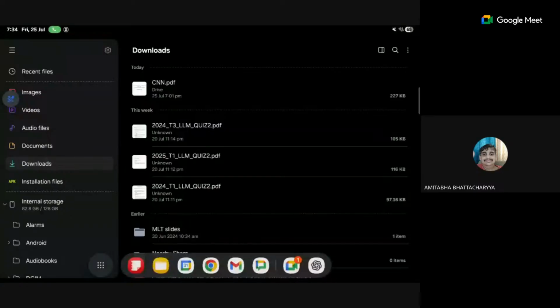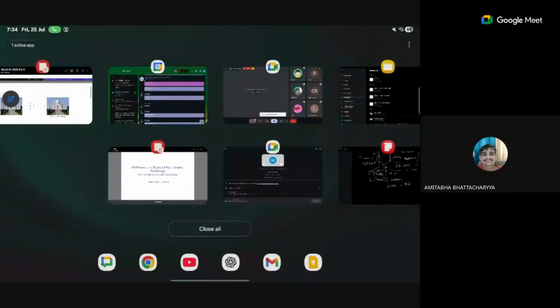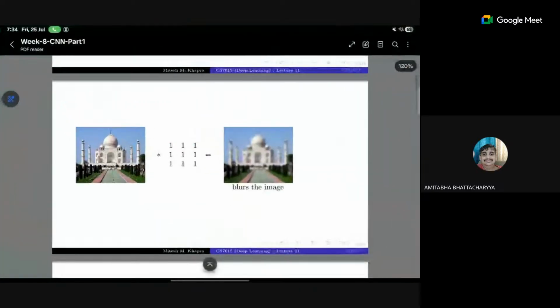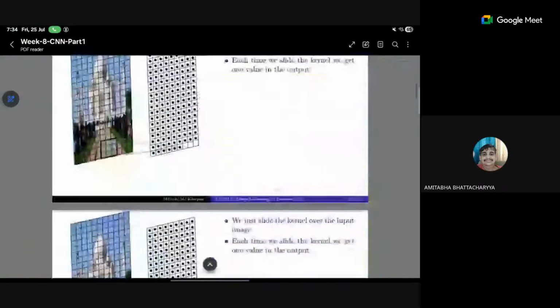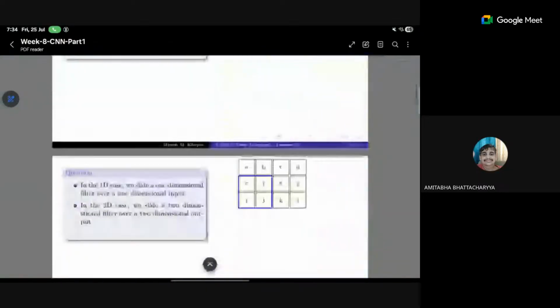Now, if I go to the part where there is a lot of calculation of parameters.